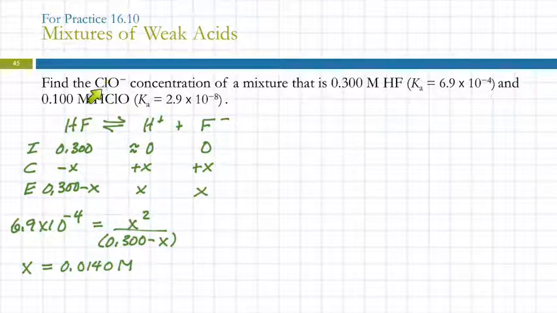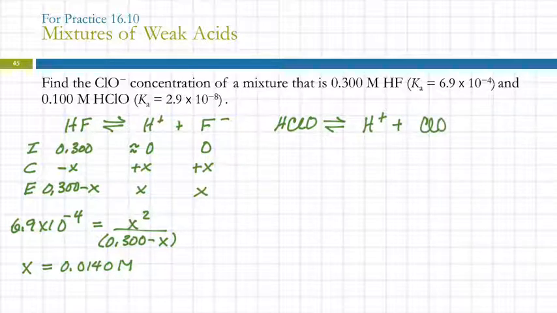The hypochlorite ion concentration, we're going to have to figure out how much of that second weak acid ionizes. So now we're going to make a nice table for the weaker weak acid. Our initial is the initial concentration of that acid, 0.100.